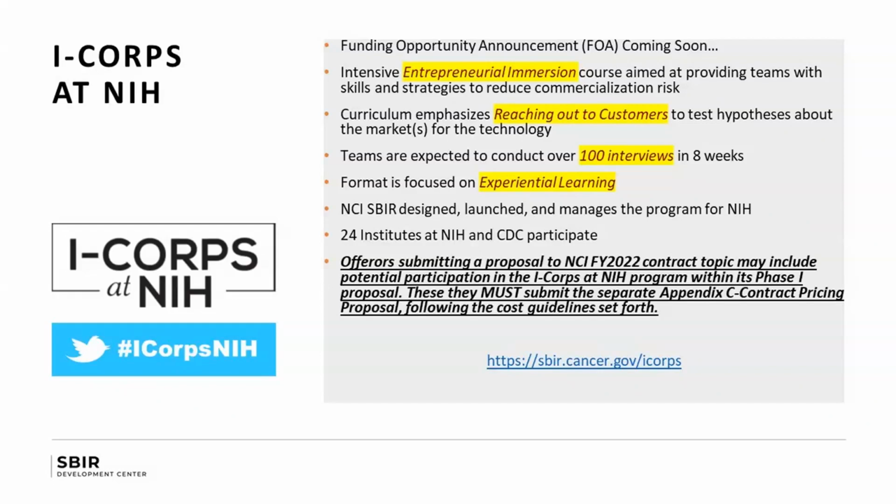So any offerors submitting a Phase 1 proposal for any of the NCI 2022 contract topics may include a potential participation in the I-Corps at NIH program within their Phase 1 proposal. They must submit a separate Appendix C, and Christine is going to talk about what Appendix C is and how to fill it up. So they must submit a separate Appendix C contract pricing proposal following the cost guidance that is set forth.